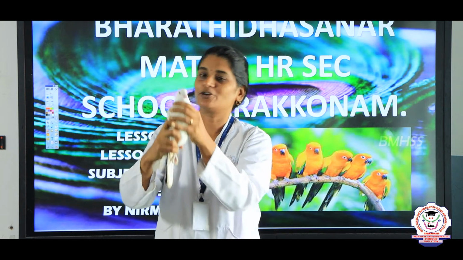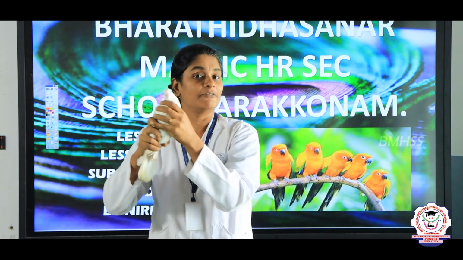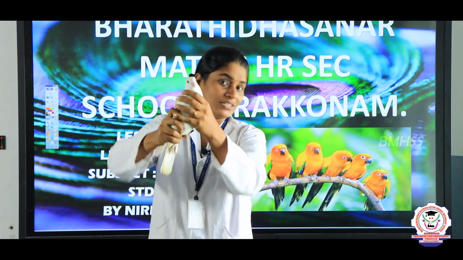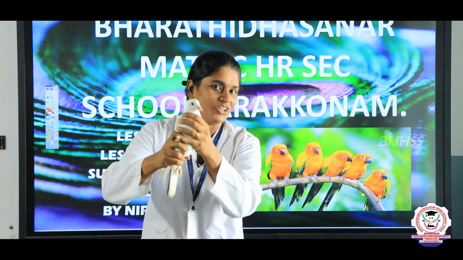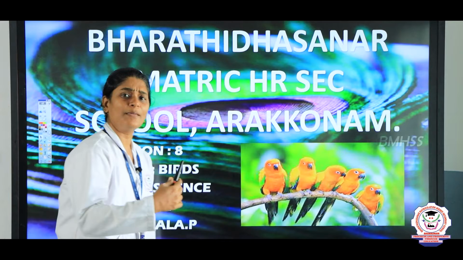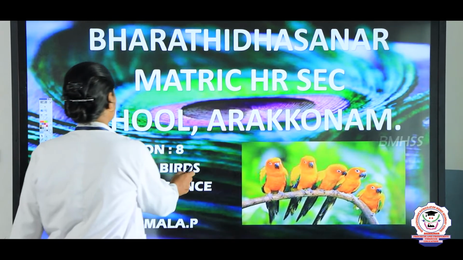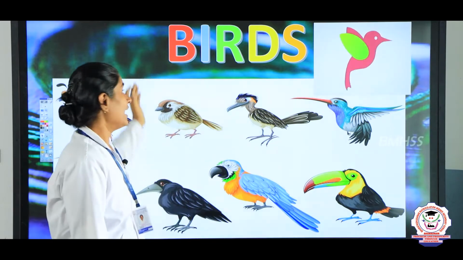Today we are going to discuss more about birds and what the different types of birds are. So what is this bird? Yes, of course, dove. We all like dove, right? Come on children, now let's see more about birds. Today we are going to see your 8th lesson.